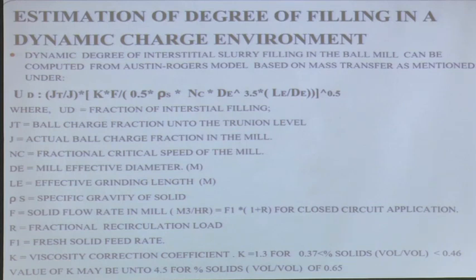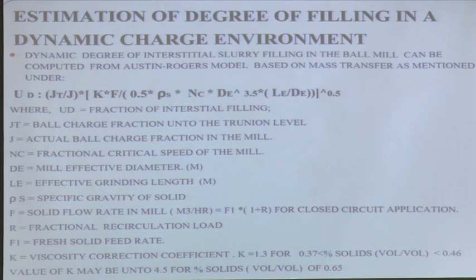This is a tested value, this is an empirical model. But people are finding good results using it. Value of K may be up to 4.5 for percent solids volume by volume of 0.65. If volume by volume percent solids goes up, then K shoots up to this value.